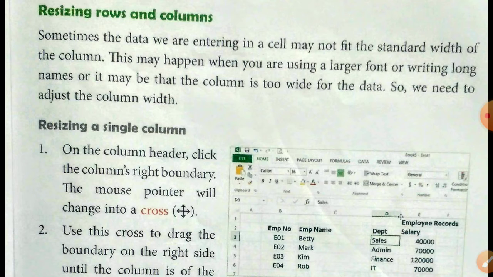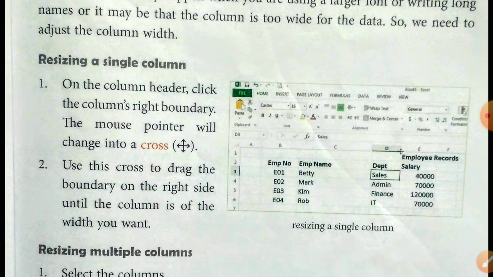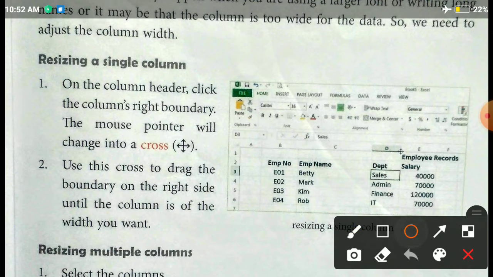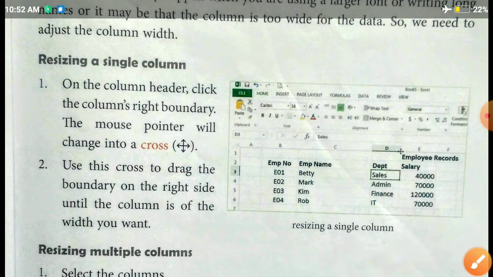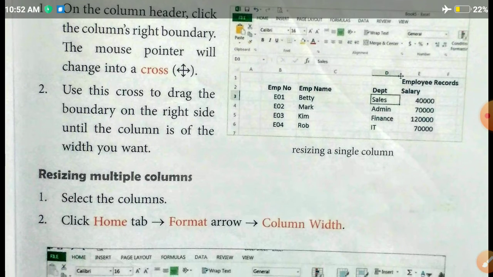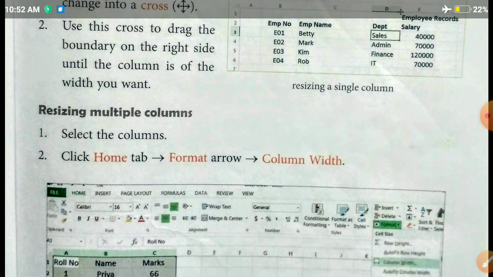The mouse pointer will change into a cross. You can see this symbol. Then use this cross to drag the boundary on the right side until the column is of the width you want.